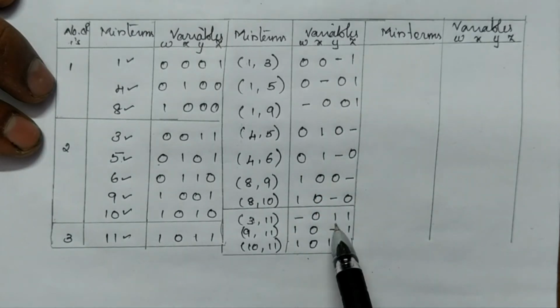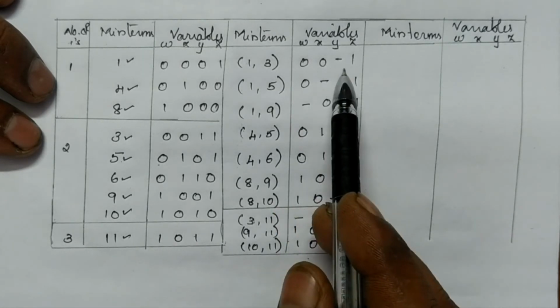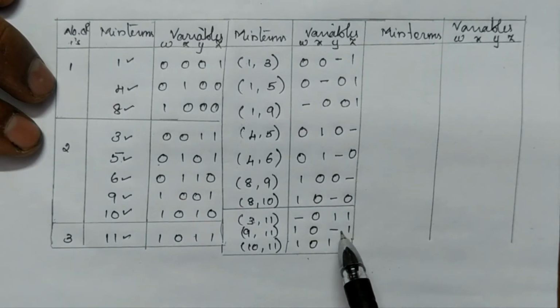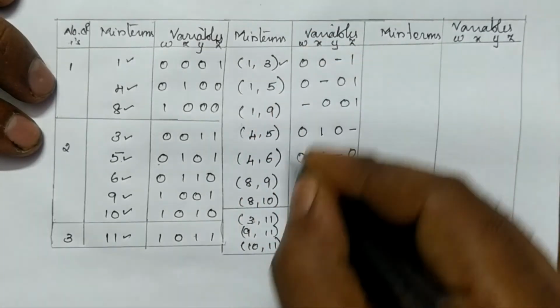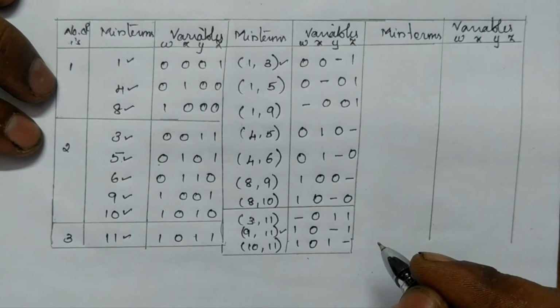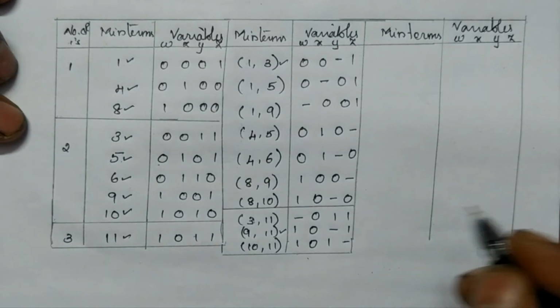So here first one it's not possible. So second one, at the third place we are having the hyphen and we are checking for 1 bit change. So here it's 0 1 1 bit change. Second bit is same, fourth bit also same. Therefore grouping of 1 3 and 9 11 is possible.